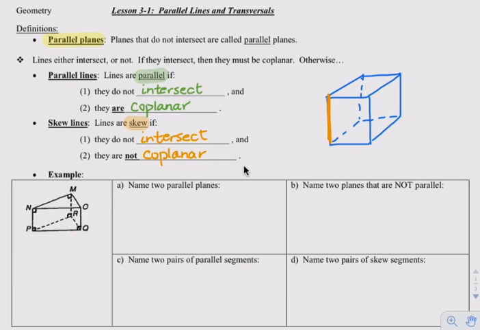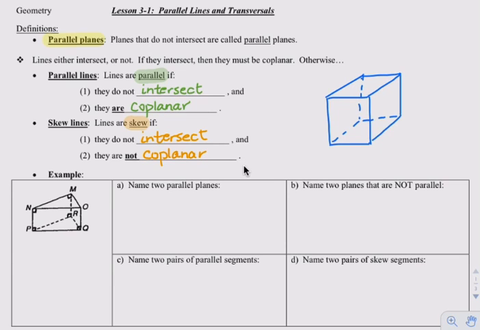Now you don't want to pick one like this because they're actually parallel. There's a diagonal plane that would catch them. You don't want to pick one like this because they're parallel. You want to make sure you pick them so that they're never going to intersect. So like this one and that one, for example, are skew.